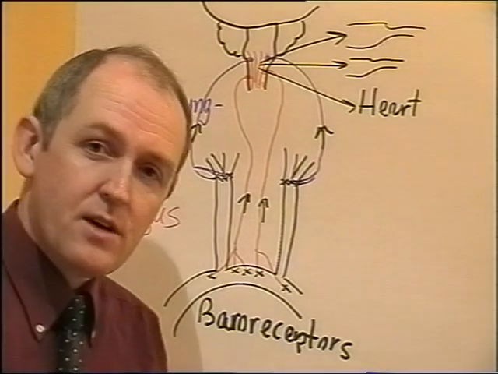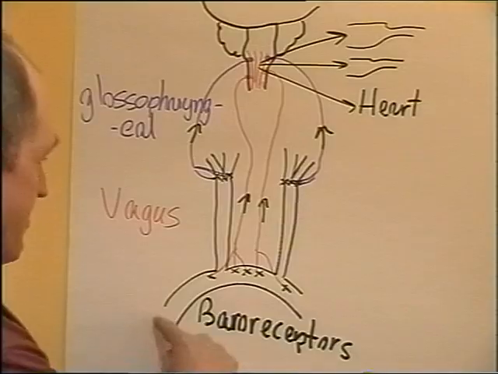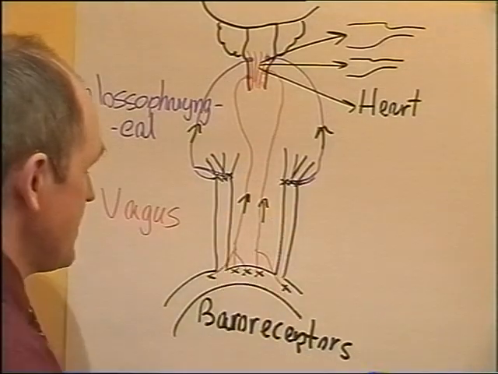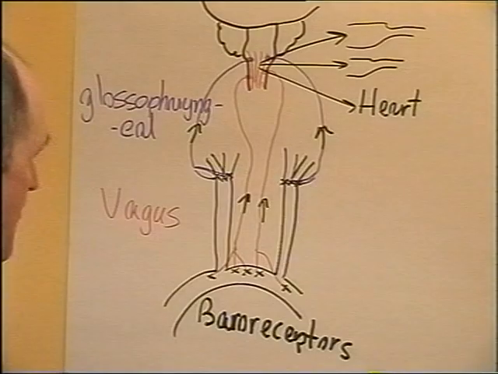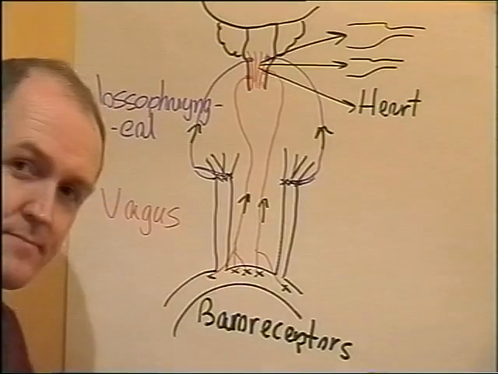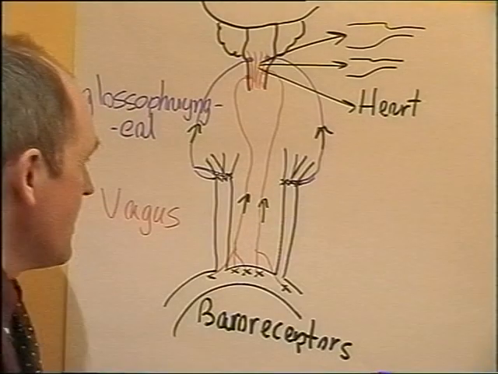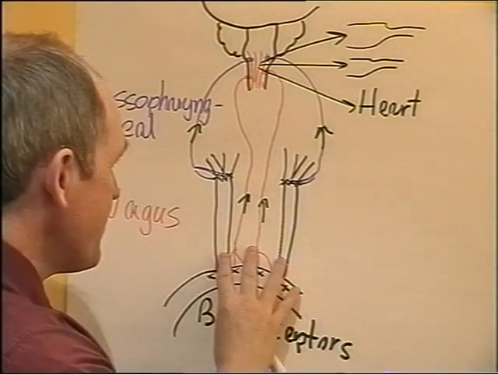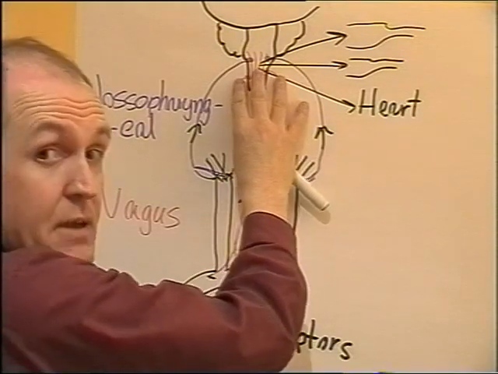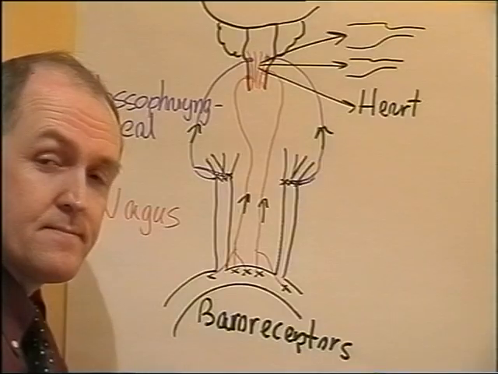So let's just review what's going on here. Blood pressure is detected in the aorta and carotid arteries, detected by the baroreceptors. When the pressure is high, impulses travel from the baroreceptors to the brainstem, which inhibits the outflow of the brainstem.